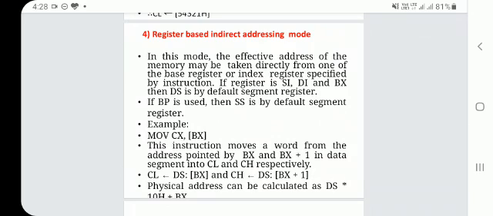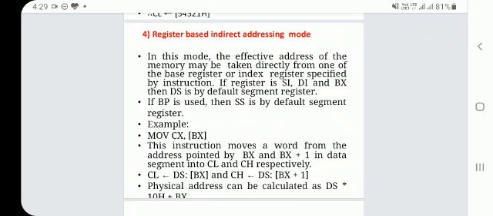The next one is register based indirect addressing mode. In this mode, the effective address of the memory may be taken directly from one of the base registers or index registers specified by the instruction. If the register is source index, destination index or base register, then DS, the data segment, is the default segment register.